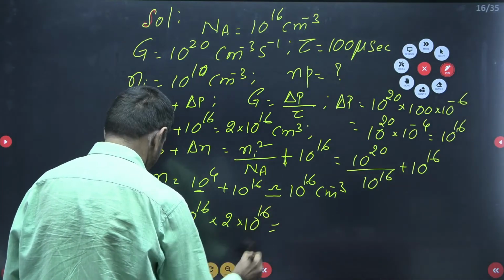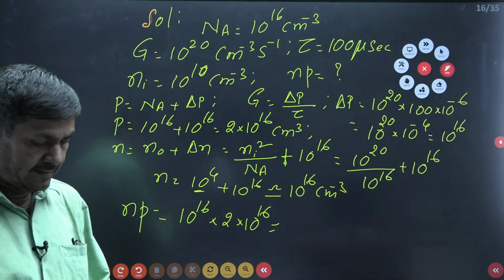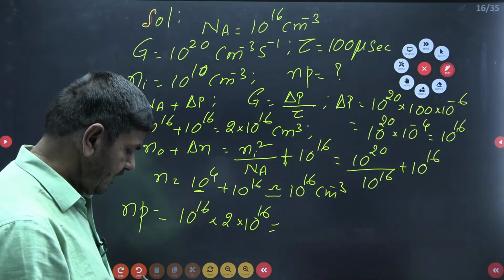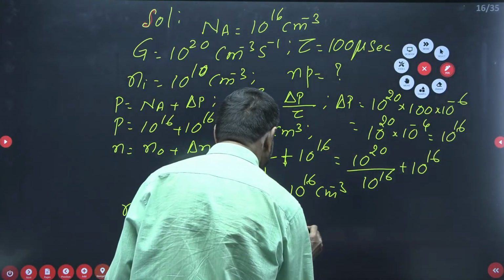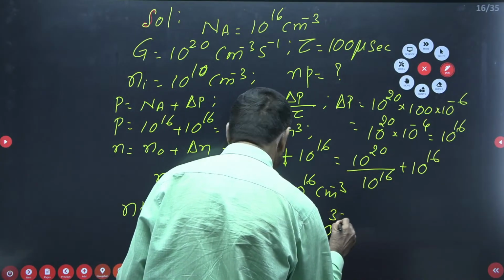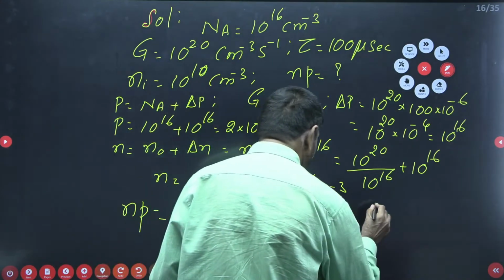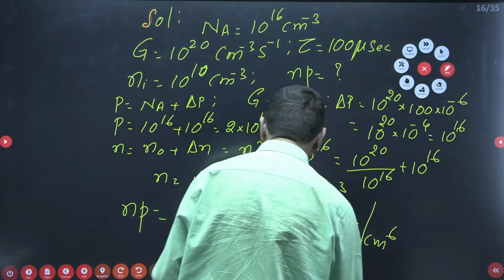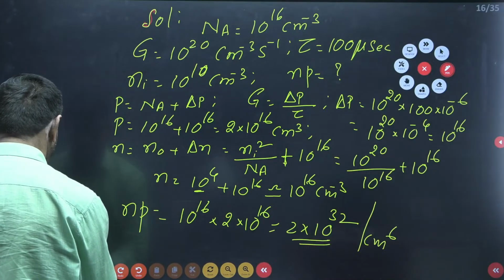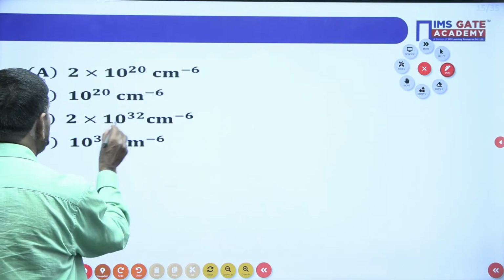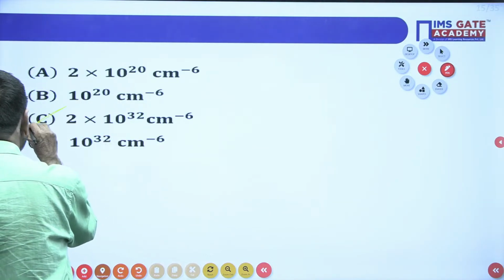The product is 2 into 10 power 32, per cm power 6. We can check which option is correct here: 2 into 10 power 32 means option C is correct.